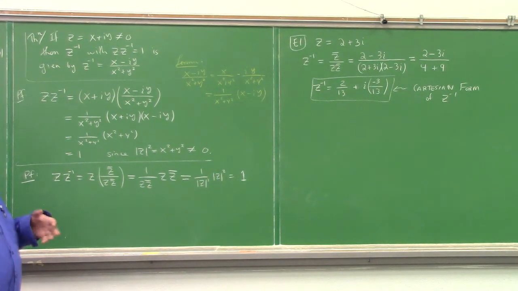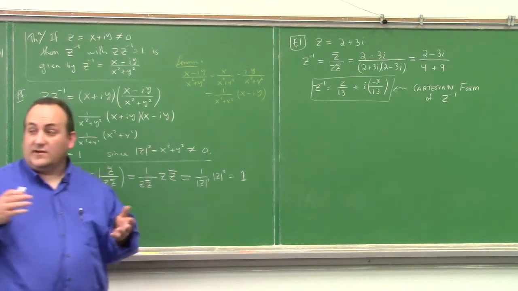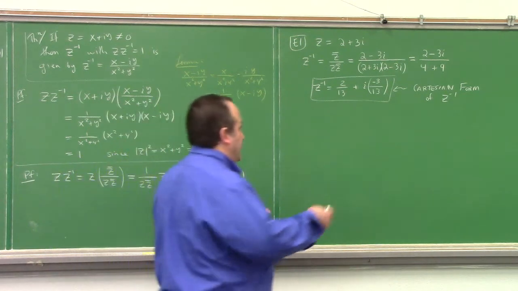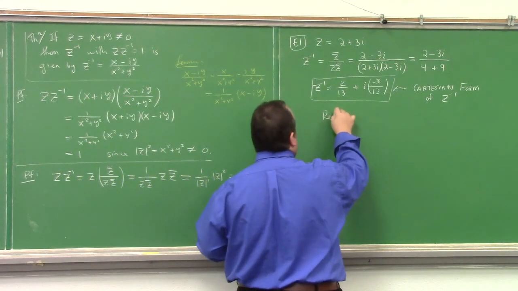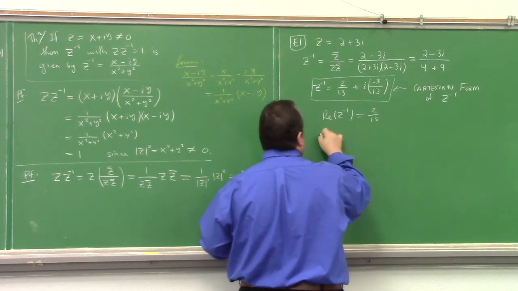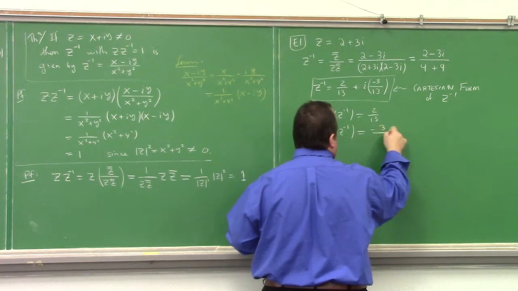Like you can't have plus i in the denominator or something. Once you have it in Cartesian form, you should be able to read the real and imaginary parts explicitly off, right? Like the real part of z inverse here is 2/13. The imaginary part of z inverse is minus 3/13.